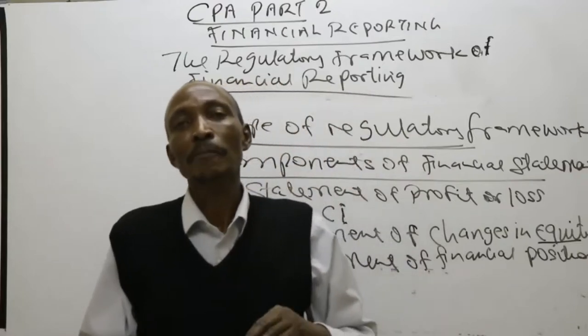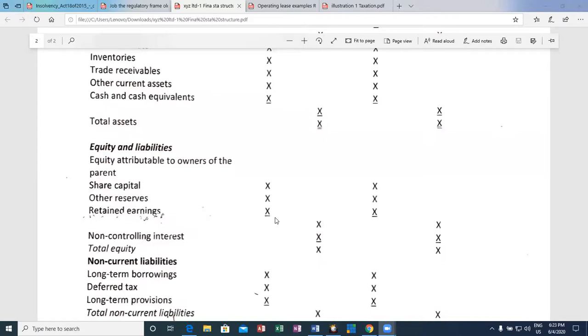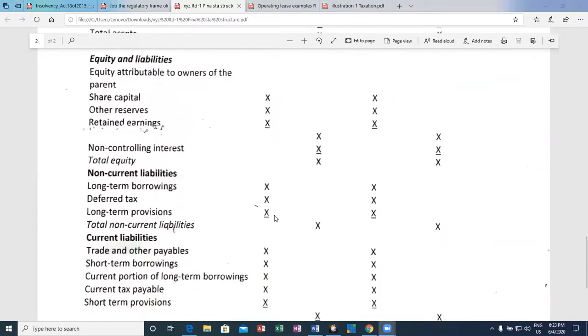Assets must be broken down into non-current assets and current assets. Liabilities, similarly, between non-current liabilities and current liabilities. For equity, we have to give certain minimum information: the share capital, and those other components of the equity we called reserves. Now, very briefly, take a look at the presentation that is given by standard number 1 there.